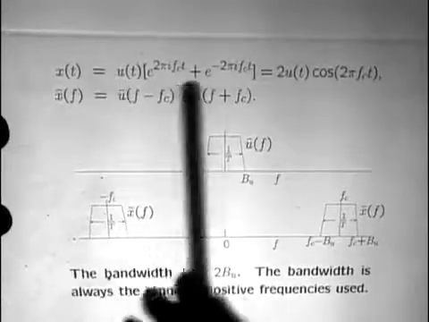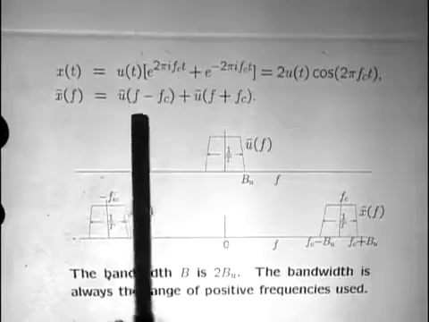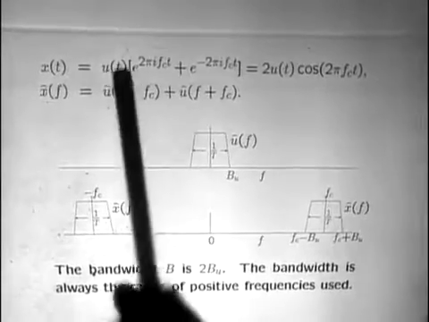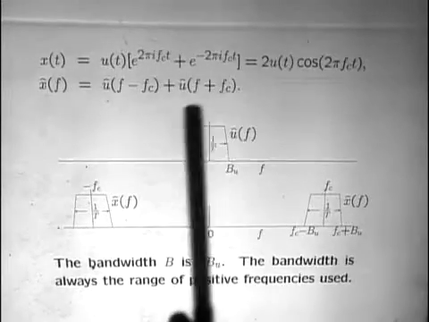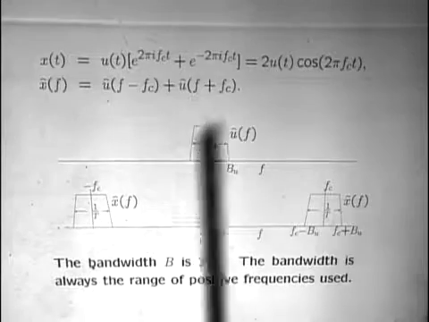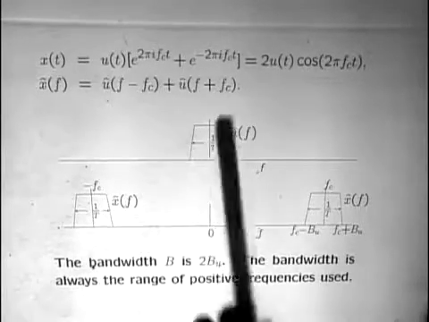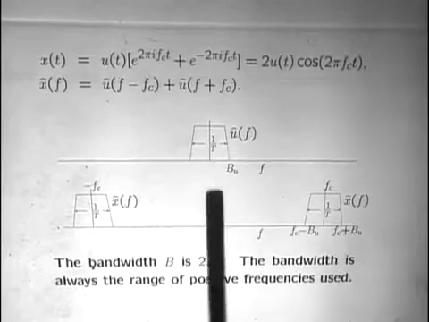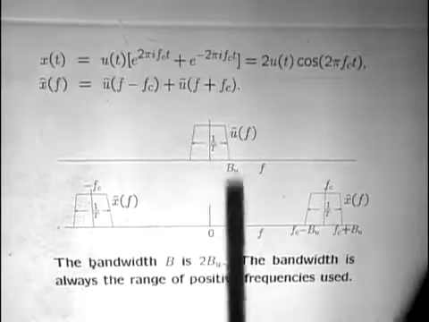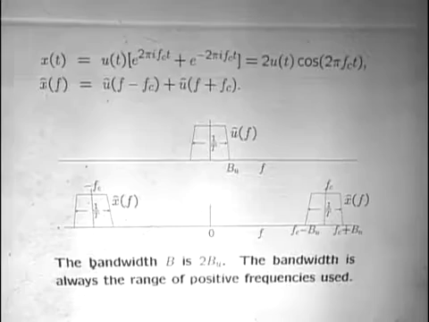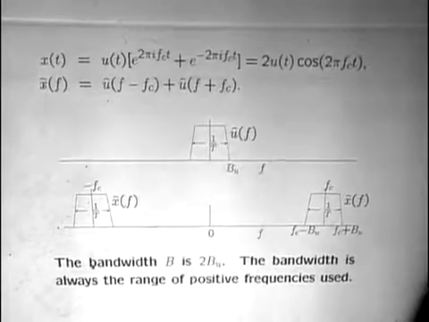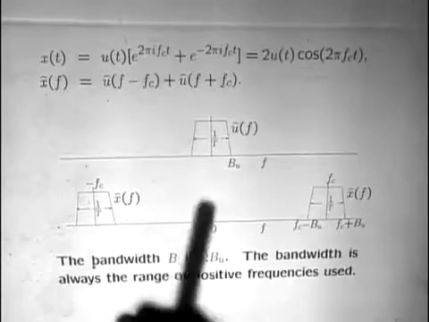So the Fourier transform of this is û(f − fc). The Fourier transform of u(t) times this is û(f + fc). And you start out with this waveform, whatever that shape is here. I tried to draw it to satisfy the Nyquist criterion, which it does. It satisfies that band-edge symmetry condition.